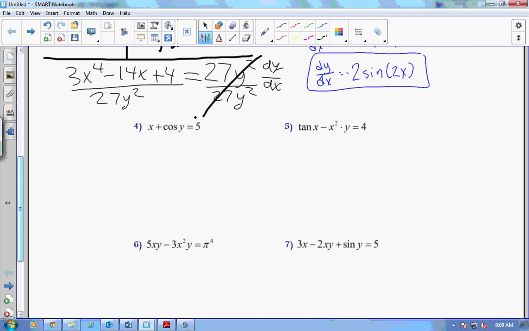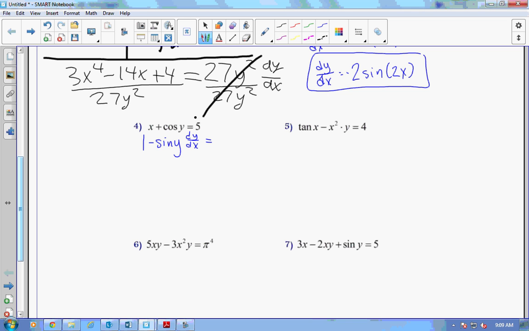derivative of x is 1 dx dx. Derivative of cosine y. Why is it not just negative sine y? Yeah, because the derivative of y is dy dx.